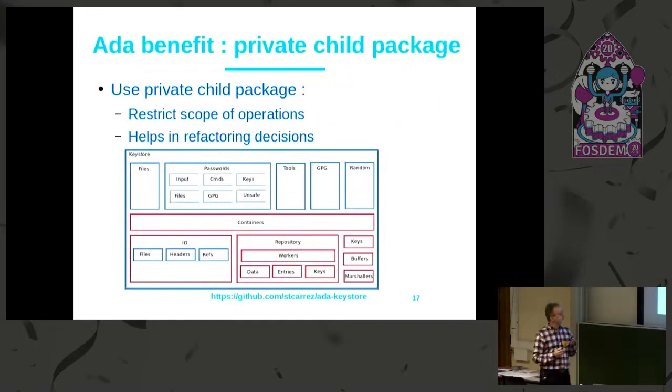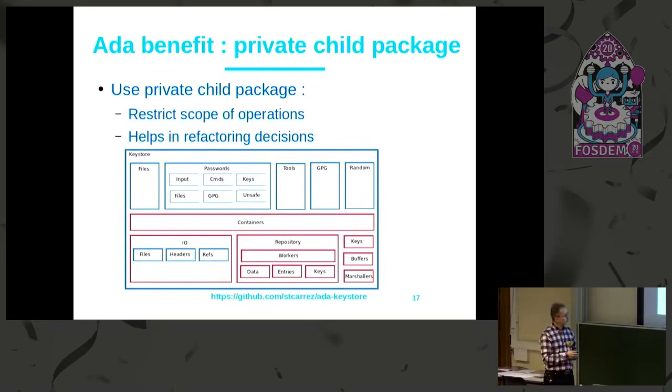Another simple thing that helped me was Ada private packages. In blue I have the public Ada packages. Keystore is the name of the primary package, and it has a Files child package. I have a Passwords child package, Tools, GPG.